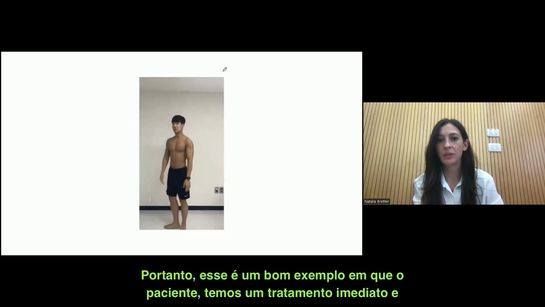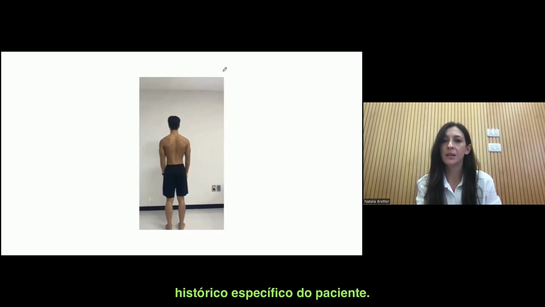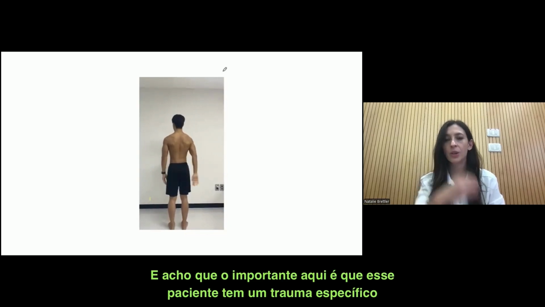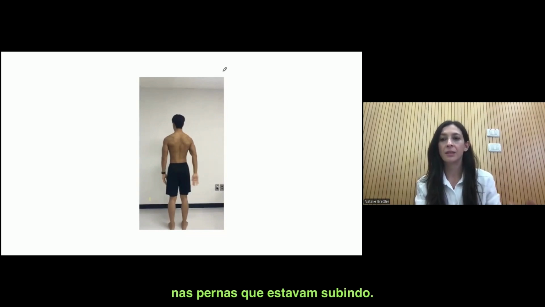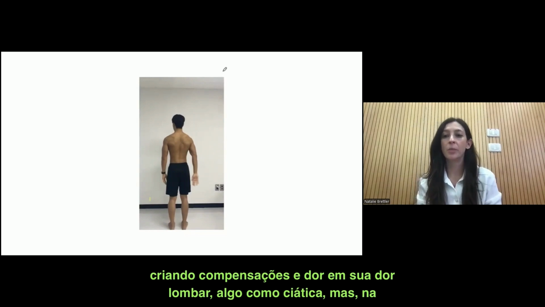where we have an immediate, very effective treatment that considers the specific history of the patient. And I think what is important here is that this patient has specific trauma from the legs that were ascending up, creating compensations and pain in his low back, something like sciatica.